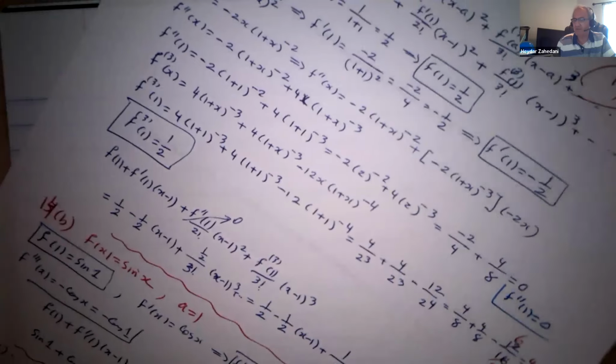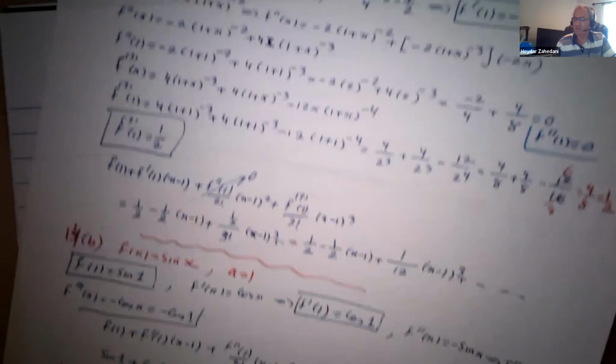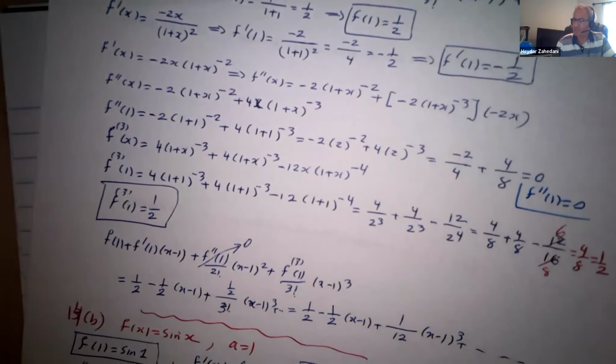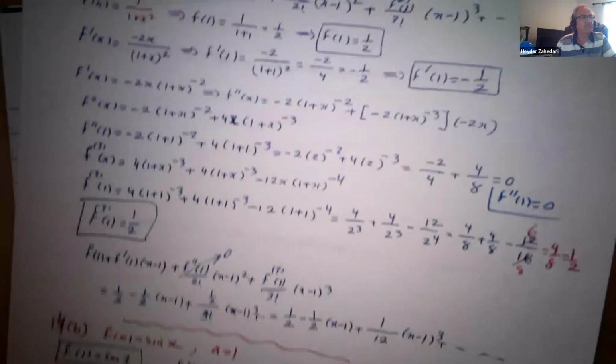These are the ones that you have regarding the Taylor series for the sine and all those functions. Just check it. This is the one that I did in more detail here for you.